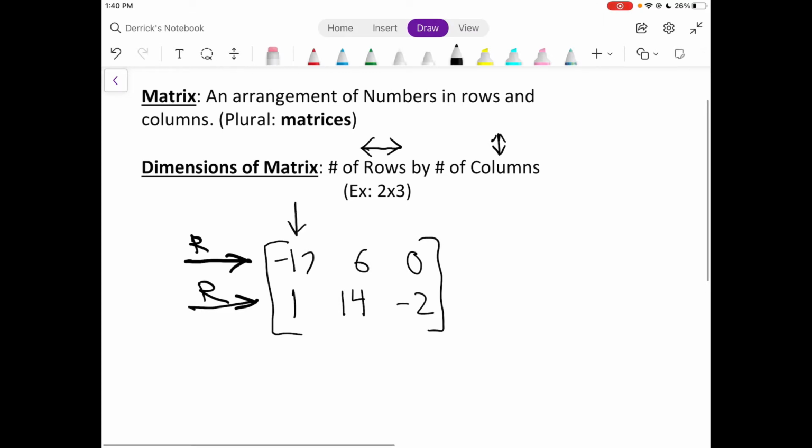We have one column, two columns, three columns. Meaning if we were giving the dimensions of this matrix, it would be a 2 by 3. 2 rows by 3 columns. Okay? Row by column. 2 by 3. There is no limit to how many rows you can have, no limit to how many columns you can have. A matrix can be as large or as small as you can imagine.